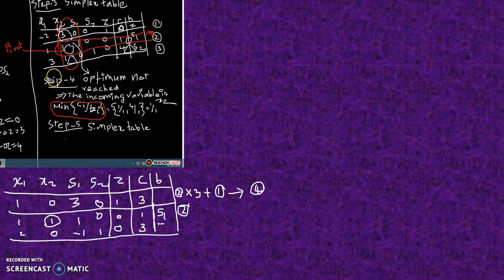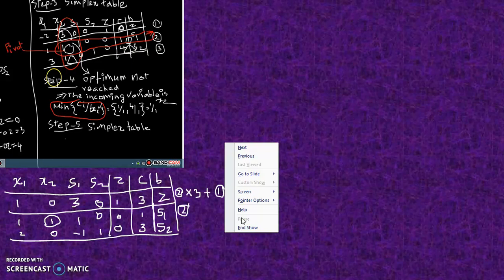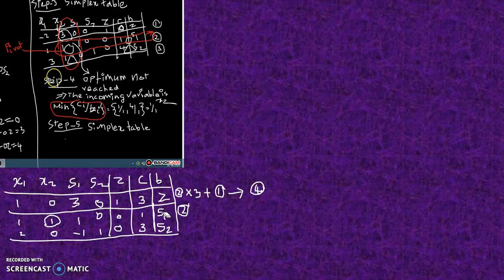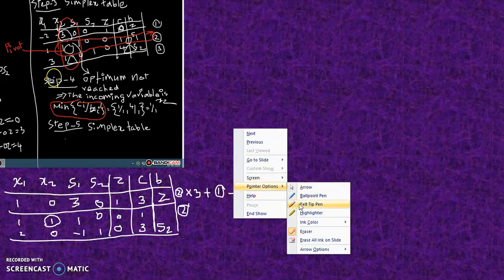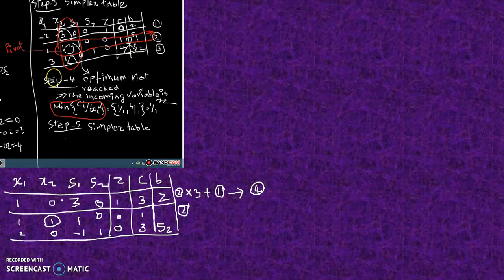S2 was in canonical form, but here the canonical form is X2, therefore here not S2, X2 we have to write here, because X2 is in canonical form.